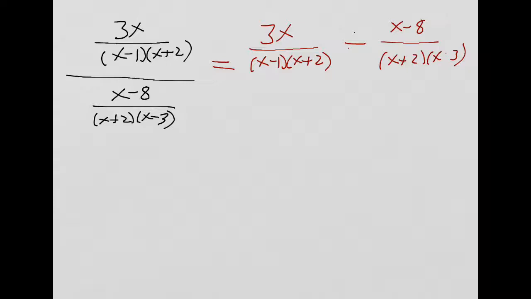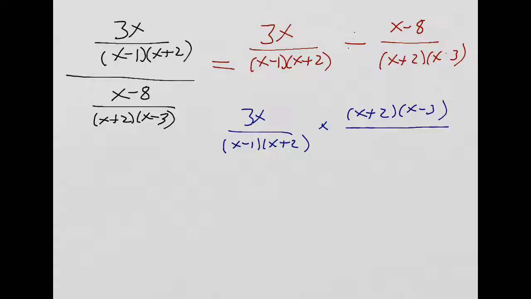So this becomes 3x over x minus 1 times x plus 2, times the reciprocal of the second fraction. We'll put x plus 2 times x minus 3 in the numerator, and x minus 8 in the denominator.